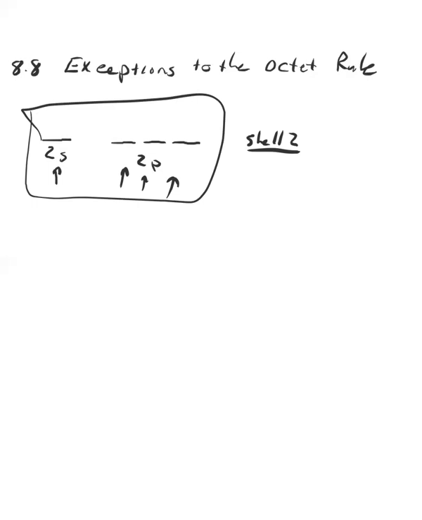What happens, though, when you get up to the 3rd shell? Let's think about that for a moment. Something different happens. You now have 3d orbitals, so there's no longer a maximum of 8 electrons. It's actually 18: 2 here, 6 here, and 10 here.